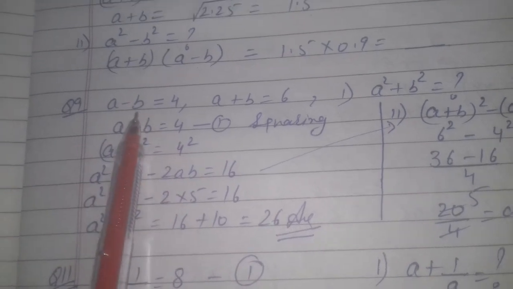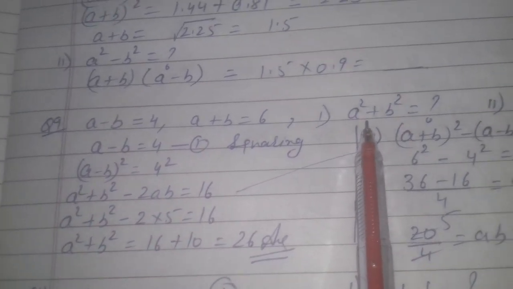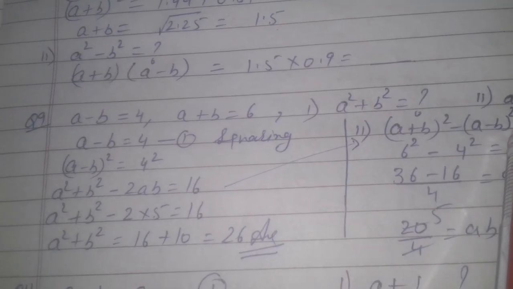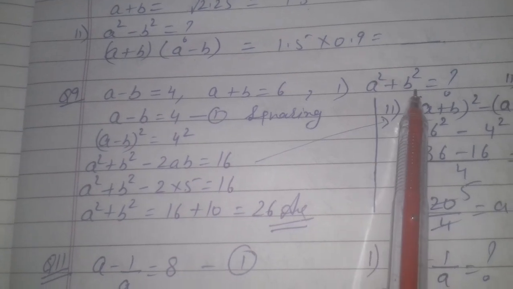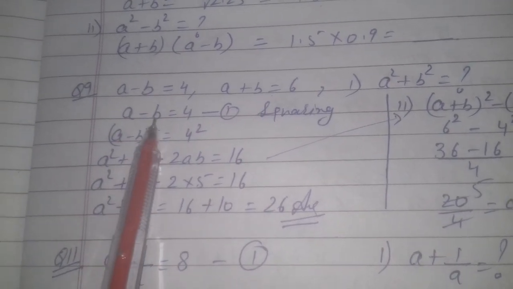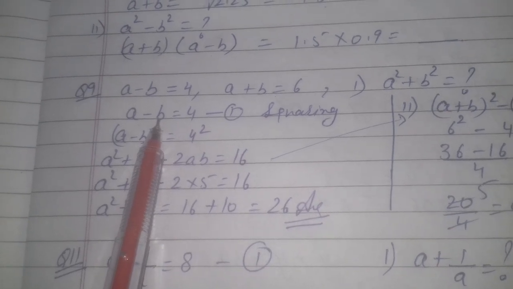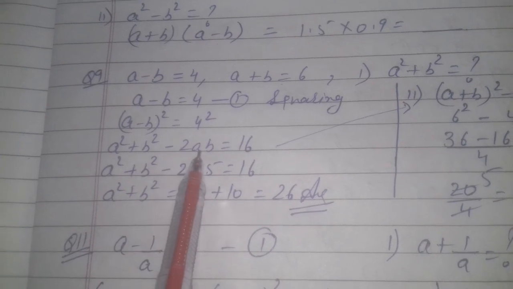Ninth question, you are given this value and this value. You are asked to find out a square plus b square and ab. Children, I can find out a square plus b square using any of the identity, because a plus b whole square is also a square plus b square plus 2ab, and in case of negative also a square plus b square minus 2ab.